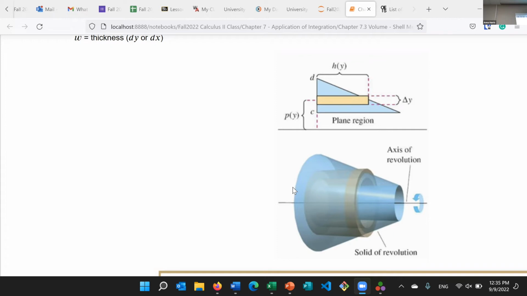When you're revolving around the x-axis, you're getting a dy because you're getting a vertical what? Do you see it? Let me draw a picture. Does everybody see it? You see this cylinder, right? So you draw like this.